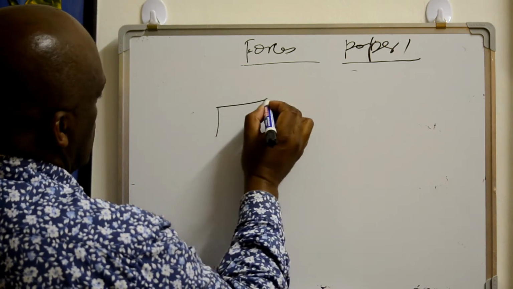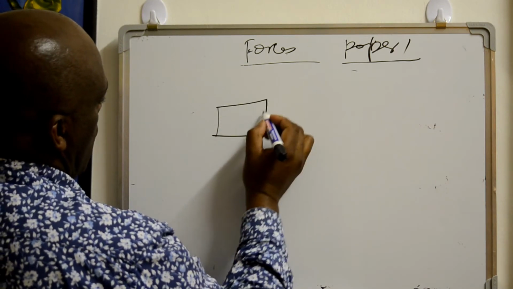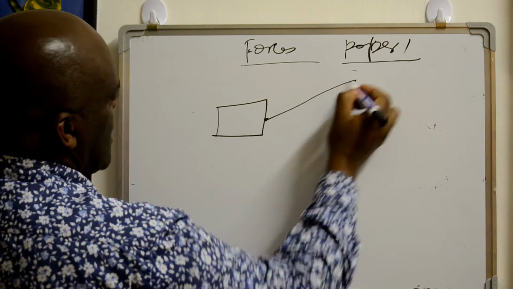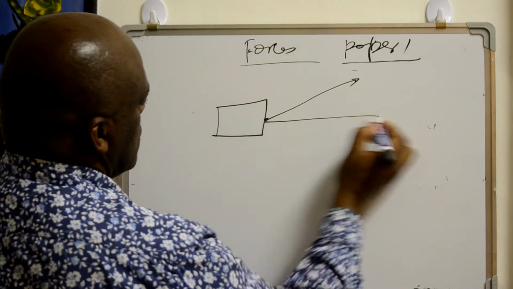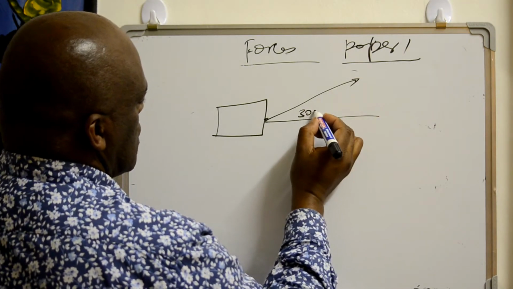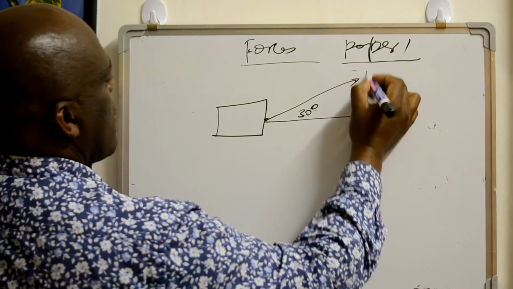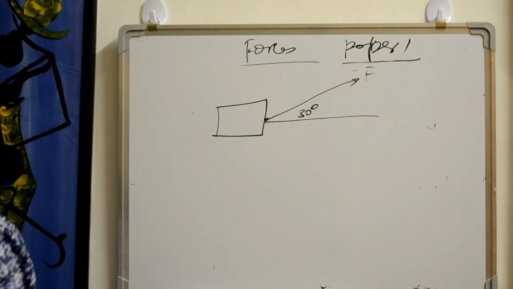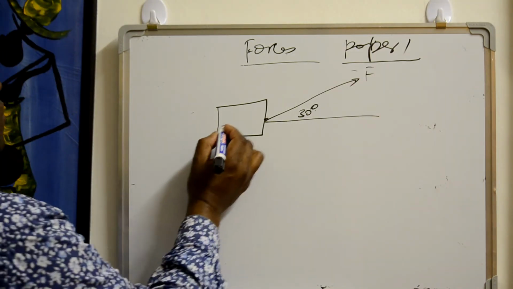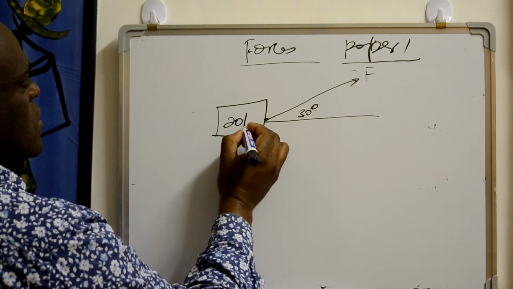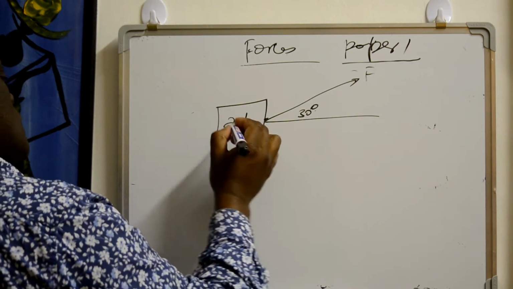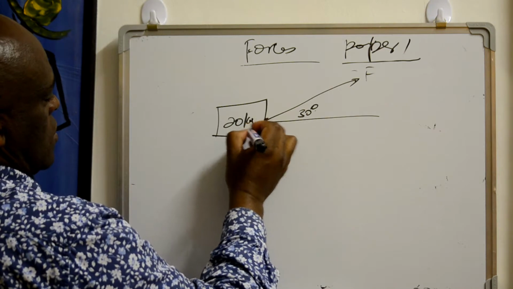Say you put this object at an angle now. They say this angle is 30 degrees. Here is the force applied. The object here is 20 kg.